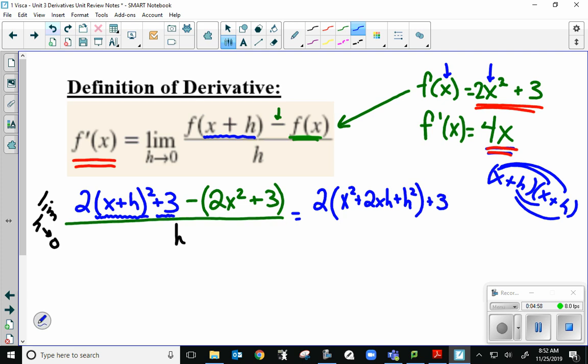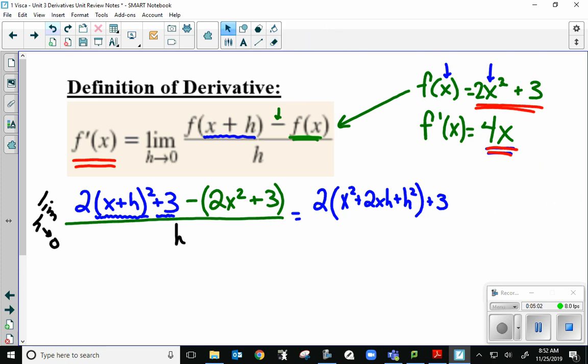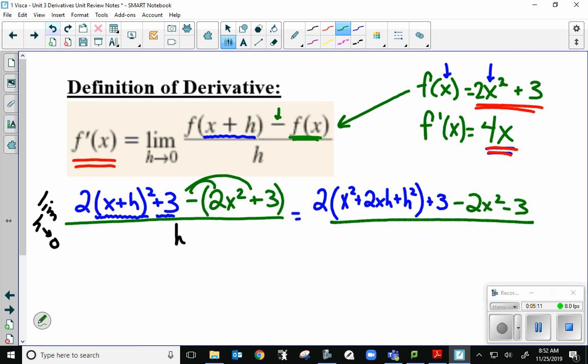Now I'm going to distribute my minus sign: minus 2x squared minus 3, all over h. We still have my h here. There's really one more thing I can do on the top, and that's distribute my 2 in that blue color.